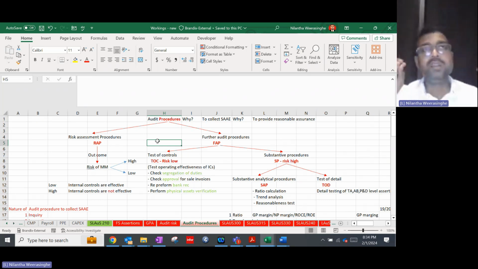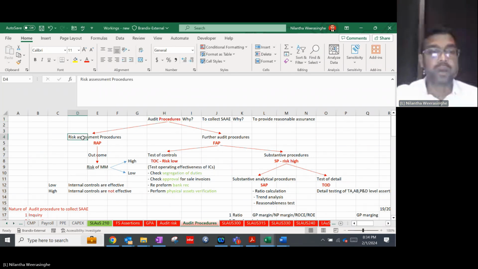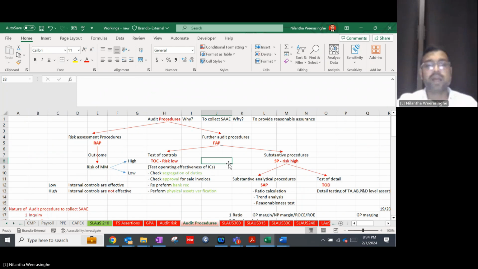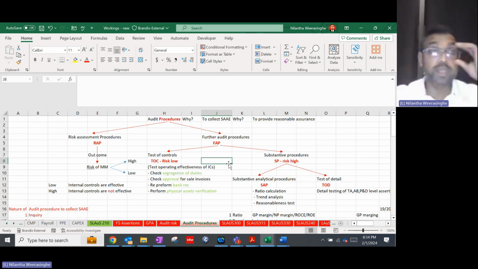When you hear the word procedure in your paper, be mindful of the word prior to procedure. Now here, the prior word is audit. Whether the examiner is testing audit procedure, risk assessment procedures, further audit procedures, substantive procedures, or substantive analytical procedures, you have to be careful about what procedure the examiner is asking when you answer the exam questions.